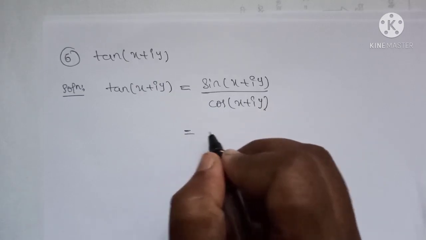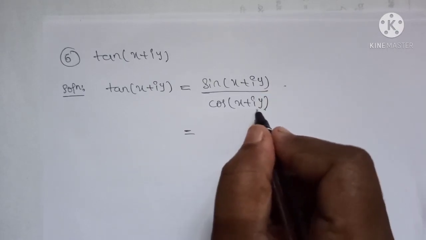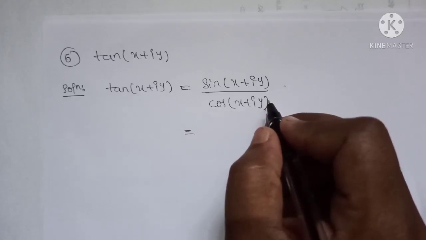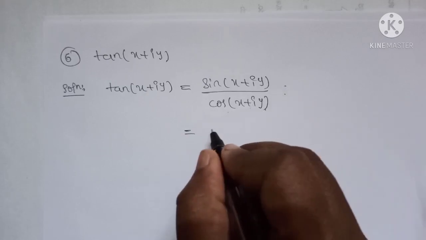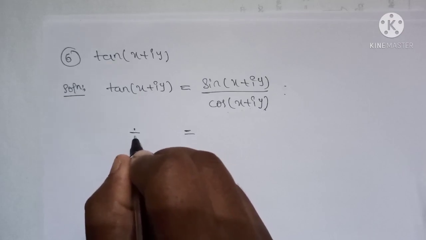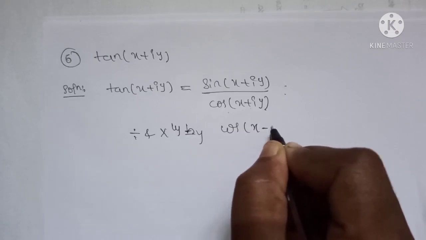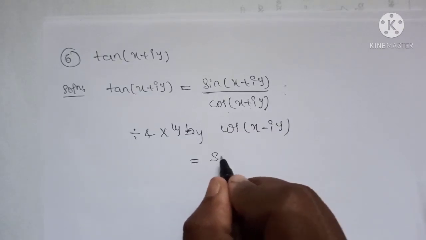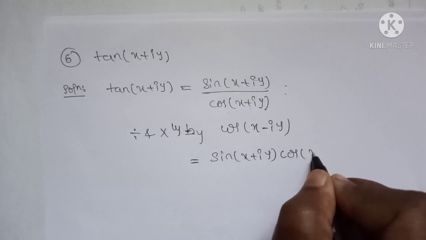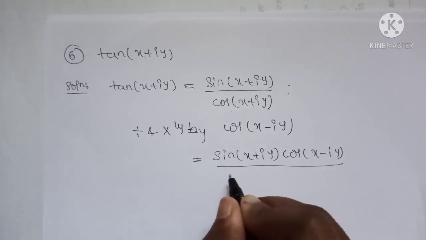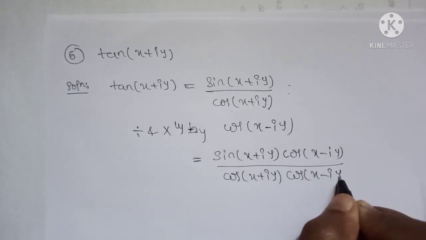Now divide and multiply this by cos of x minus iy. Sorry, not the conjugate of this one, just simply take cos of x minus iy. So we get sin of x plus iy into cos of x minus iy in the numerator, and in the denominator cos of x plus iy into cos of x minus iy.